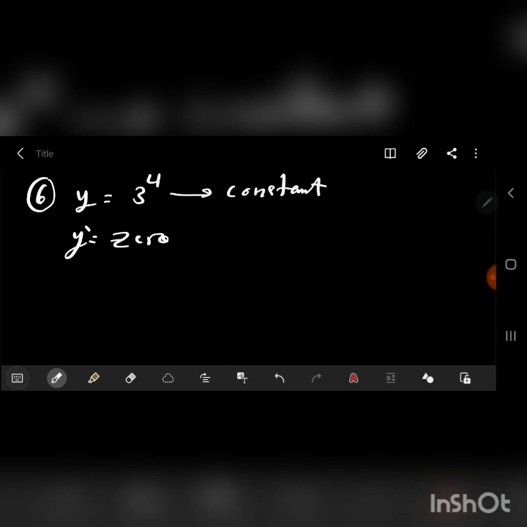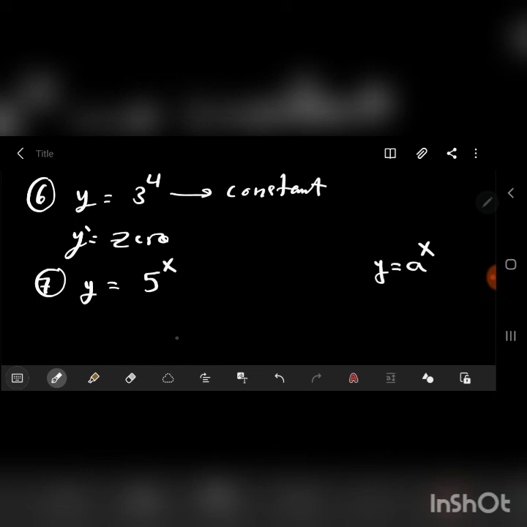Please focus on this. Example 7, y equal to 5 to the power x. This rule is the same as for y equal to 8 to the power x. This is not a constant. This is a constant to the power of a variable. This is different from 3 to the power 4.